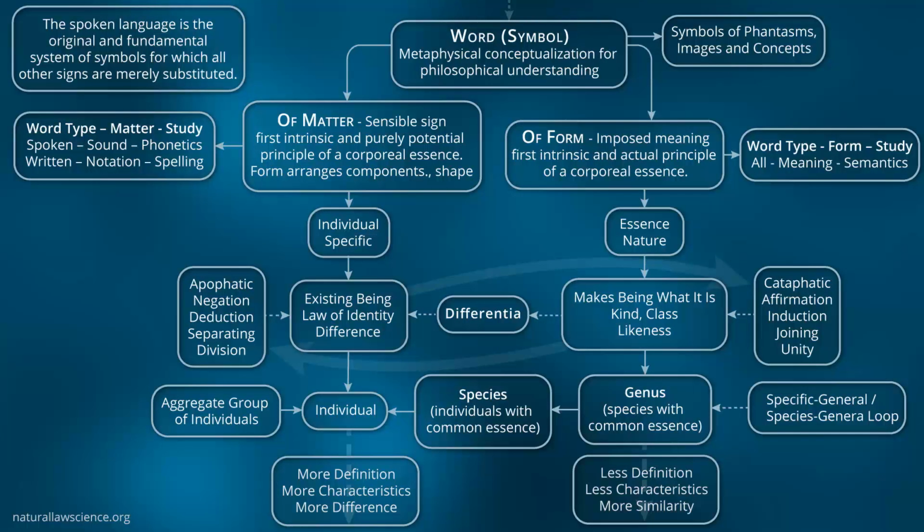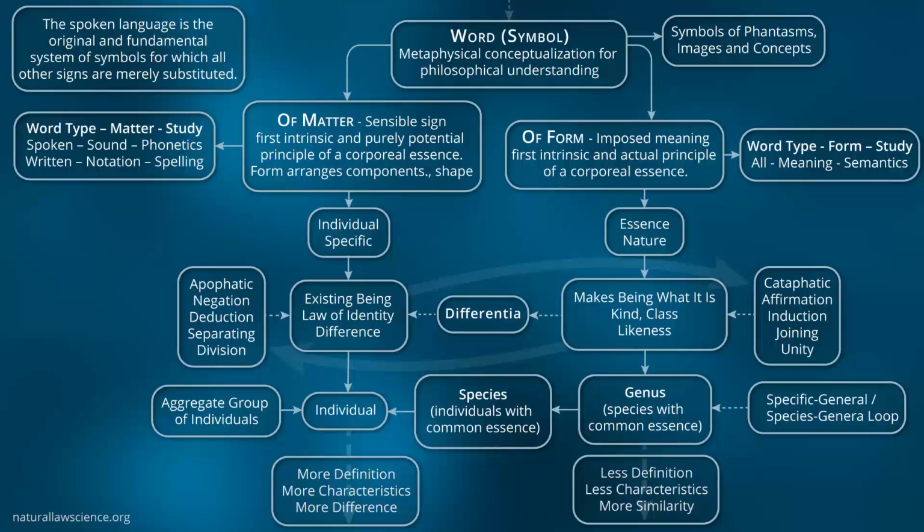We have induction and deduction logic, which will be explained a bit more after this. But we have the apophatic, negation, deduction, the separating, the division. And that's how we arrive at the difference in the law of identity: through looking at the differentia, we can deduce what things are.